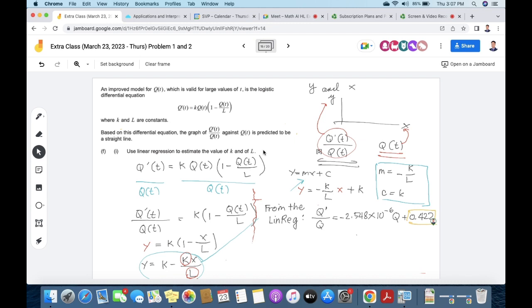And this corresponds to what constant? K. Very good. So from here, we can now say K is equal to 0.422.